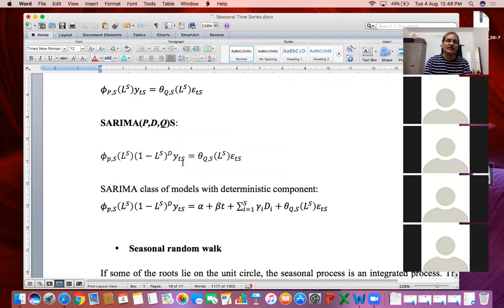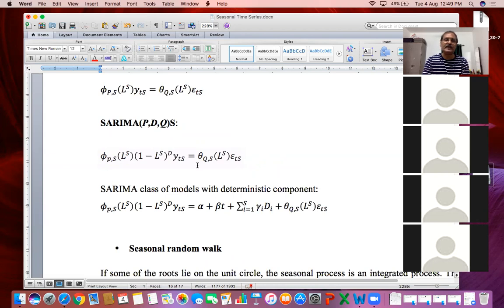Now you can incorporate some deterministic element as well in the SARIMA expression. So this is the seasonal autoregressive integrated moving average process of order P, D, Q in compact form this way.